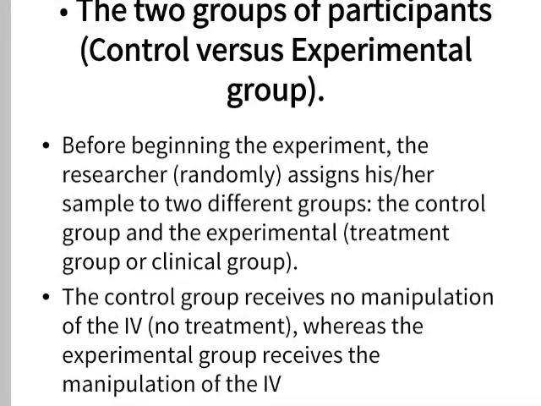The control group receives no manipulation of the independent variable, which means no treatment is given to it, whereas the experimental group receives the manipulation or experimental treatment of the independent variable.